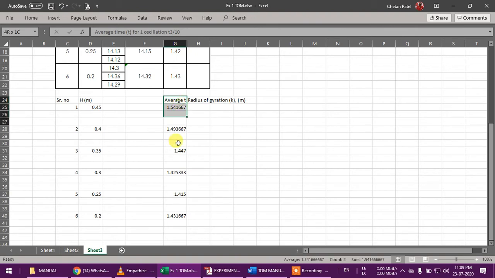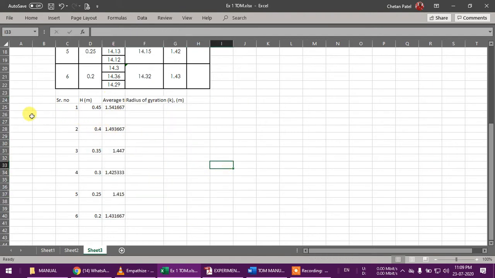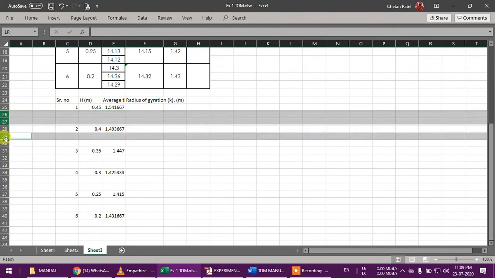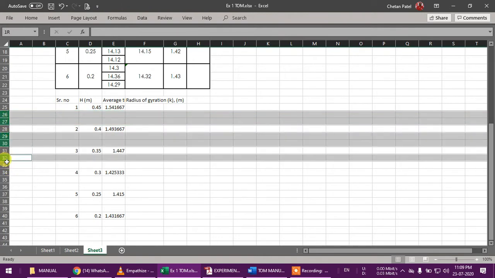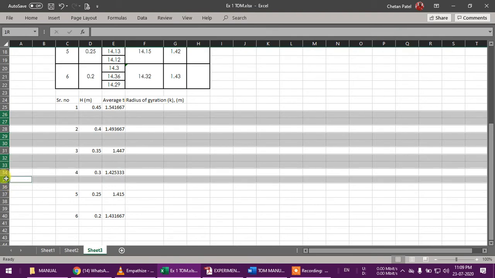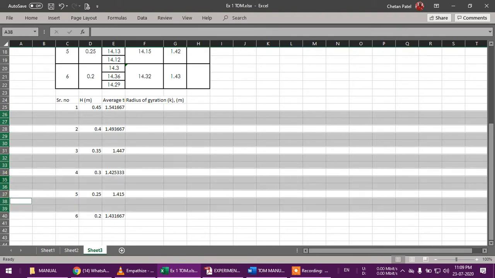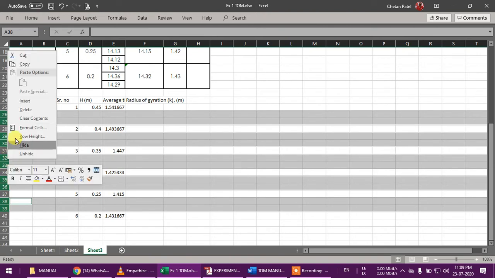So we'll copy this column and the adjacent one nearer to this. Now we do not need even these 2 cells, so carefully select this whole line by pressing the Control button. I have kept the Control button pressed and I am carefully selecting it, right click and delete.